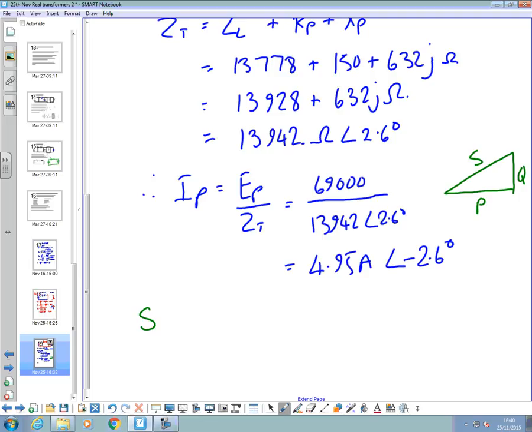So S supplied by the generator is equal to IP times EP.